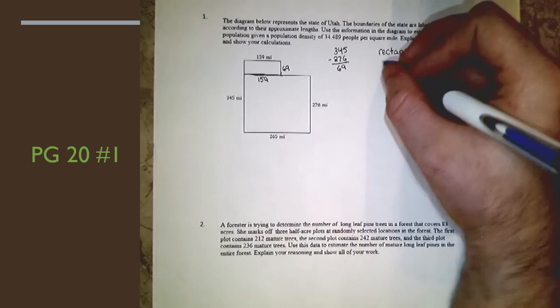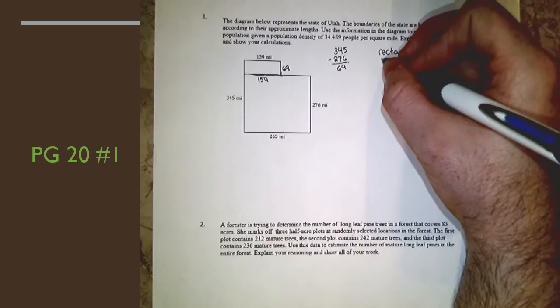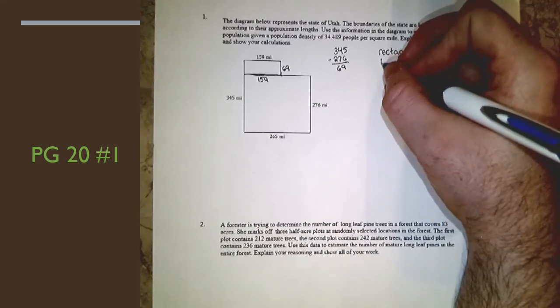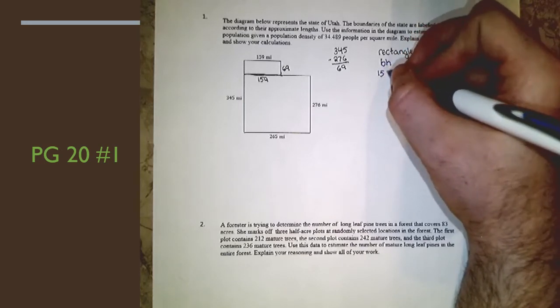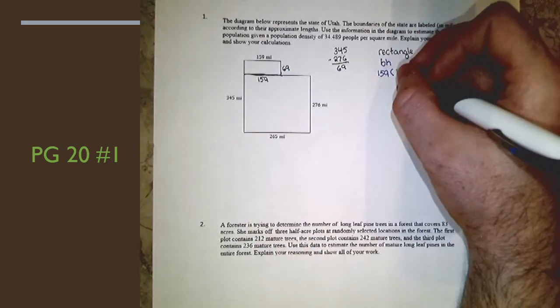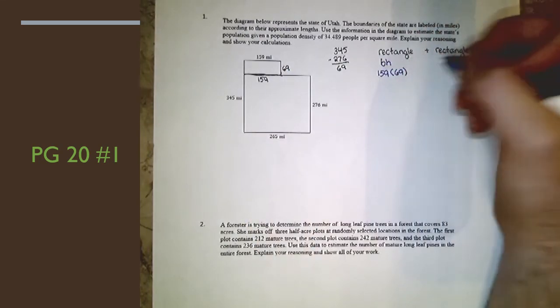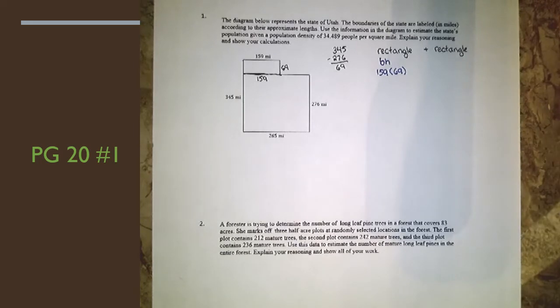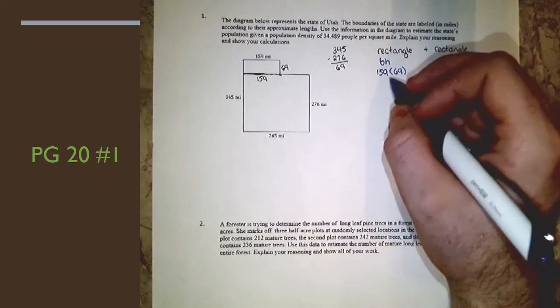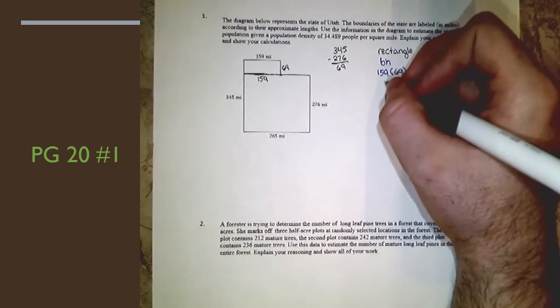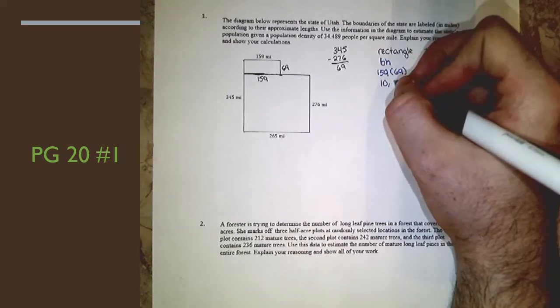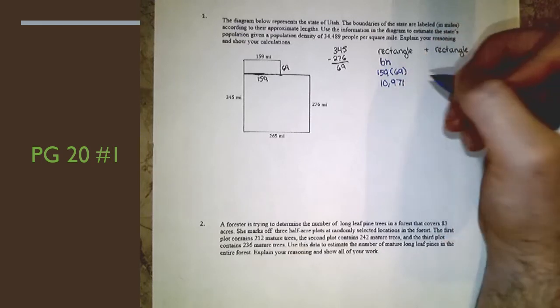Remember, it's base times height, so the base would be 159, and the height would be 69. So when I combine these, 159 times 69, I get 10,971.